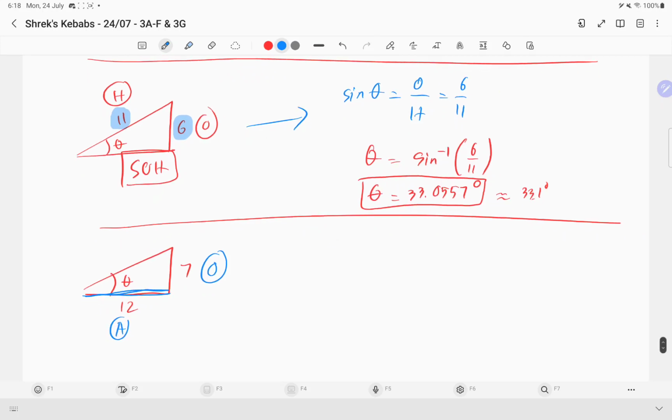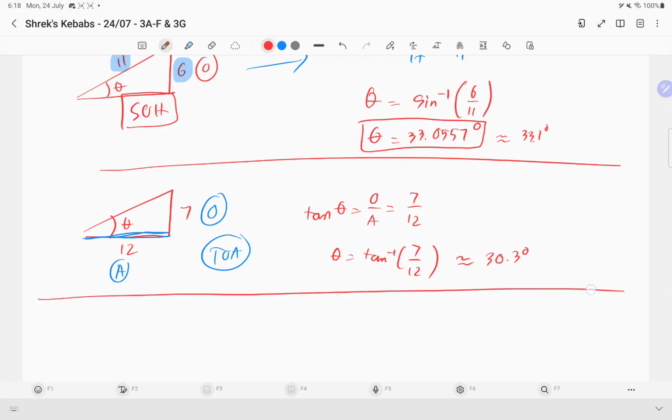Which one has O and A? That's the TOA rule. That means we're going to use tangent of theta equals opposite over adjacent, which would be 7 over 12. And so theta is the inverse tangent of 7 over 12. And then the answer in one decimal place should be 30.3 degrees.